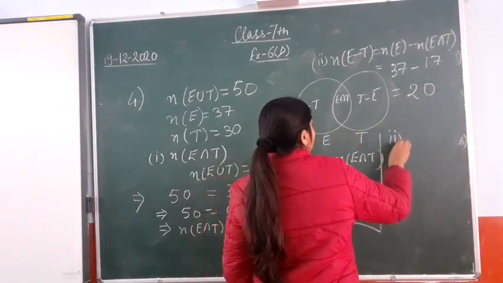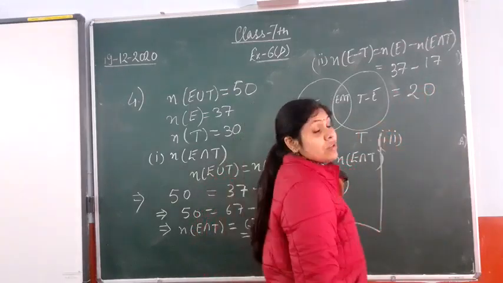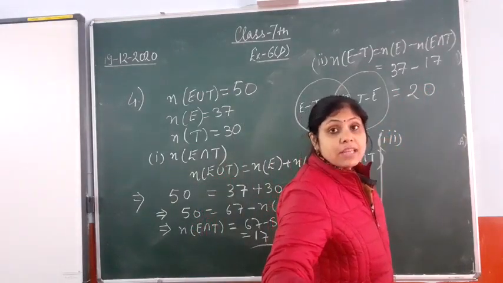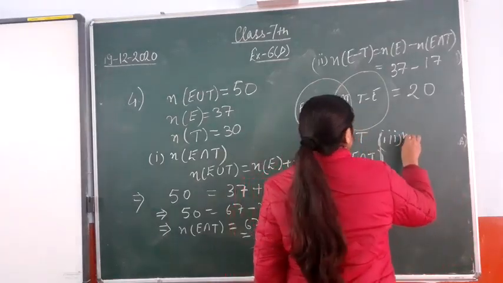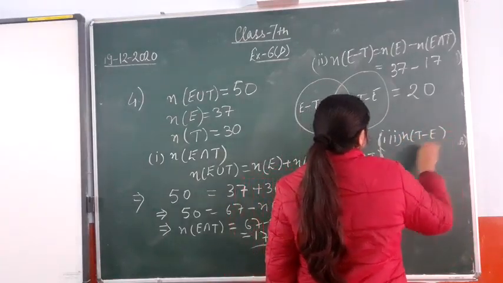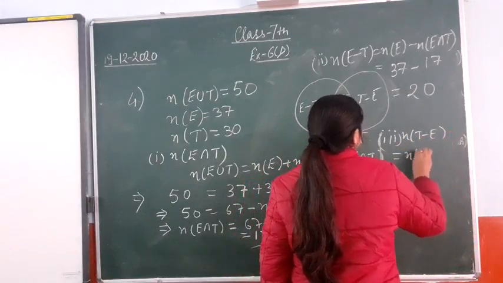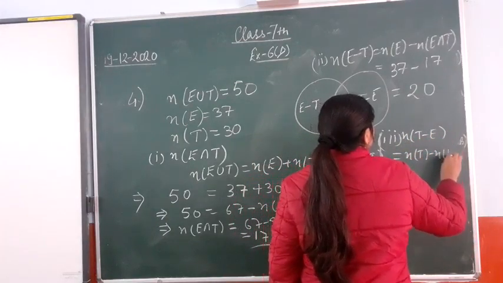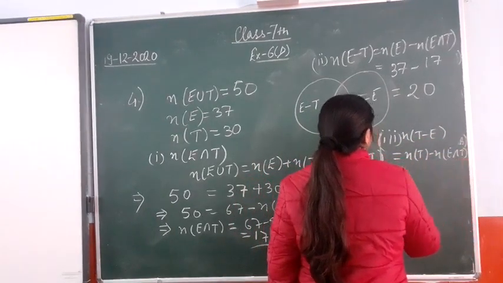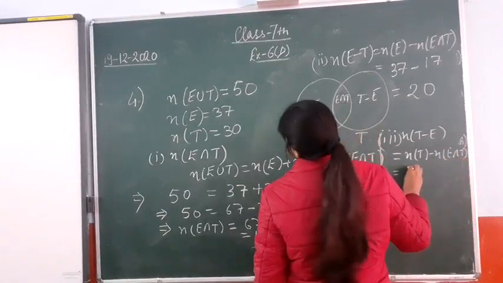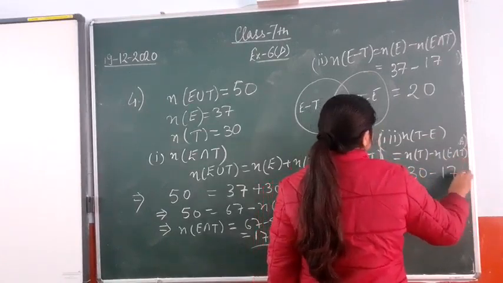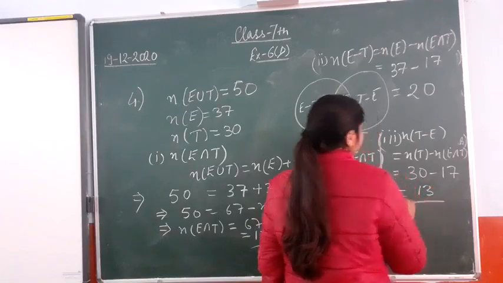Okay? Similarly, you have to take out how many can speak Tamil only. You have to take out n(T minus E). That means n(T) minus n(E intersection T). That means n(T) value is what? 30 minus 17. What will come? 13.